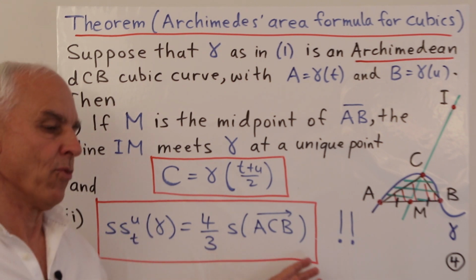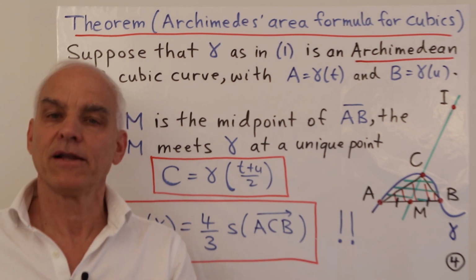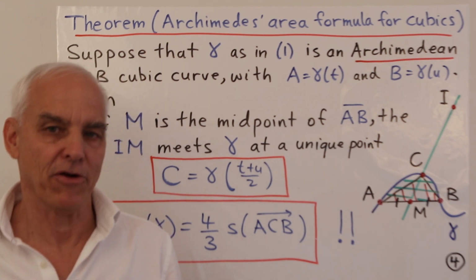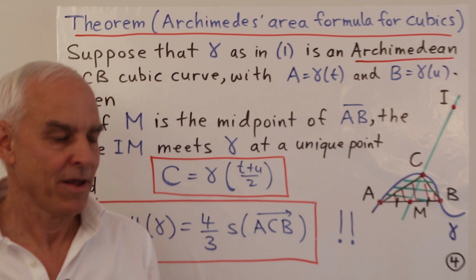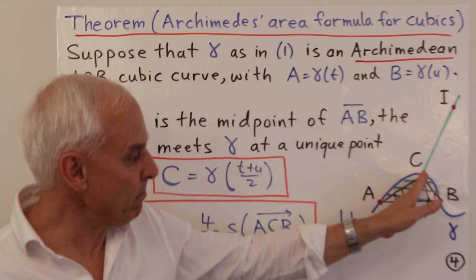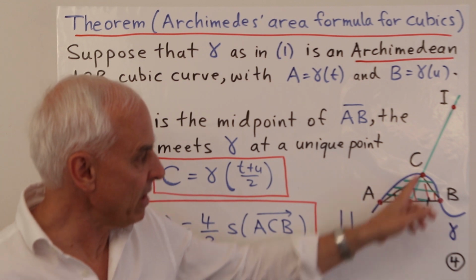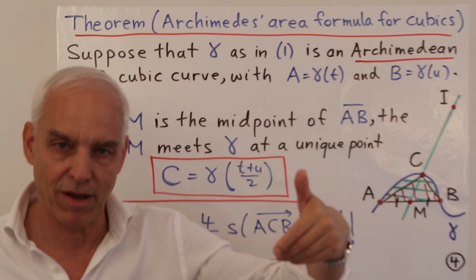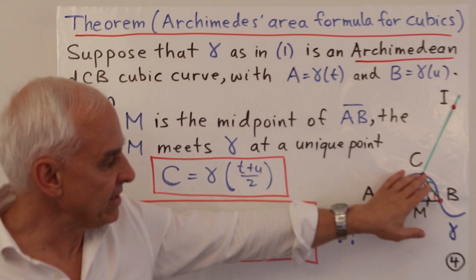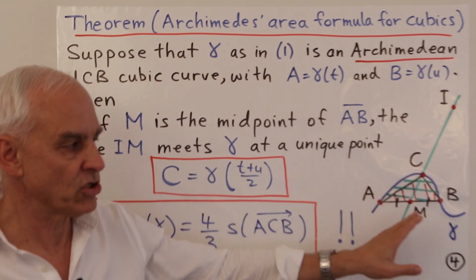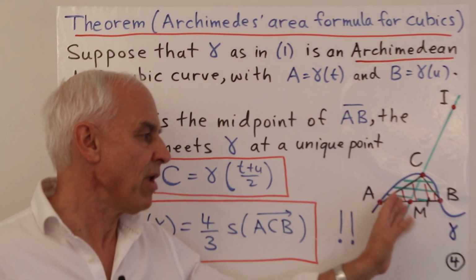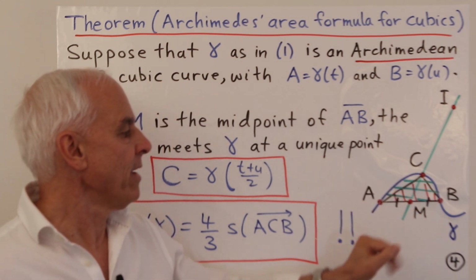So when we put it this way, it's exactly the same formulation as Archimedes' parabolic area formula. There also the point C could be defined in terms of the unique meet of the line through the midpoint and the point at infinity on the parabola with the curve. In that case, the point C had some additional properties which are not necessarily applying here, at least in the naive way.